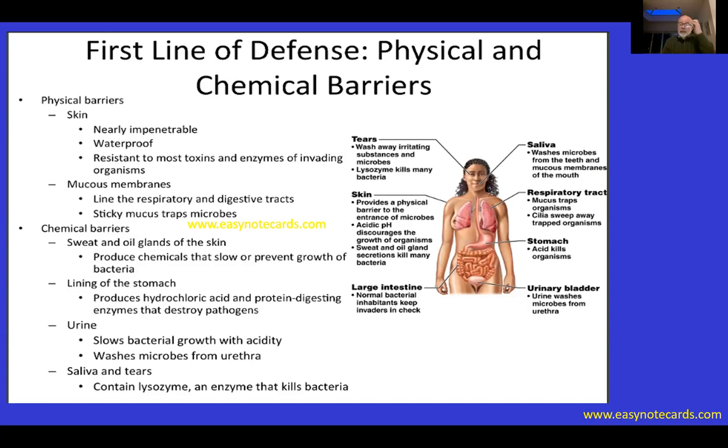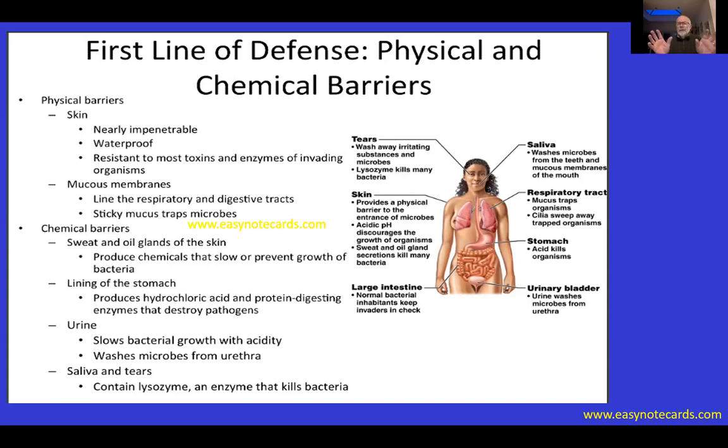Saliva and tears contain lysozyme, that enzyme that literally lyses, breaks open the bacteria, the microbes, therefore they can't multiply. Then, instead of a list, there's a diagram on the right-hand side that shows these, the tears, the skin, the large intestine, etc. It's not targeting a particular microbe or pathogen.